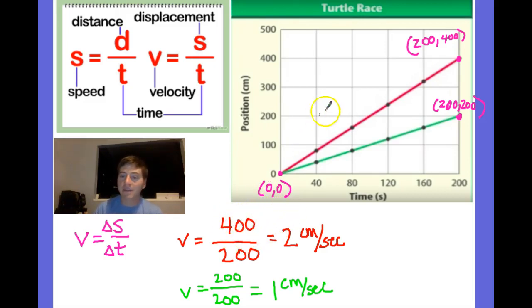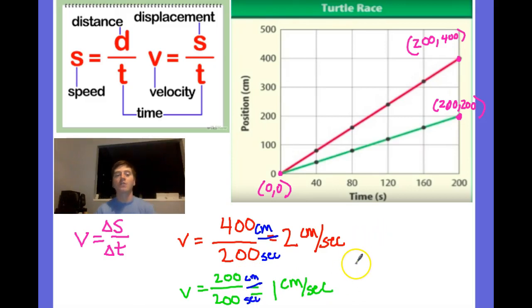This displacement is in centimeters. This time is in seconds. So you know your final answer will be centimeters per second. And that is a speed. That's what you want, 2 centimeters per second. Here, the distance, centimeters. Time, seconds. We know this is right, centimeters per second.